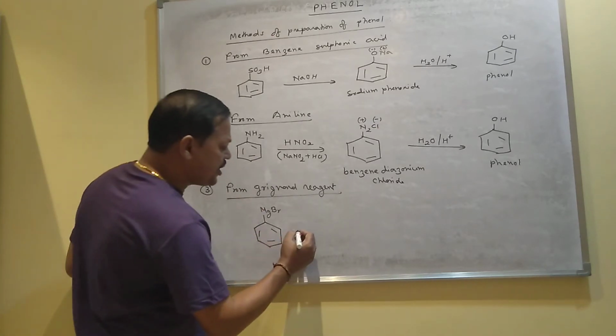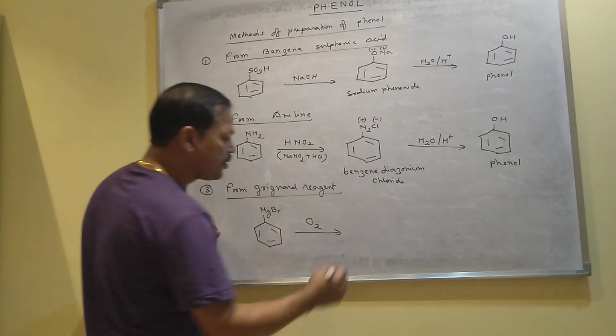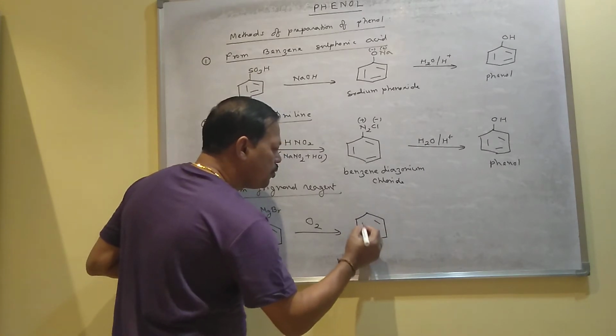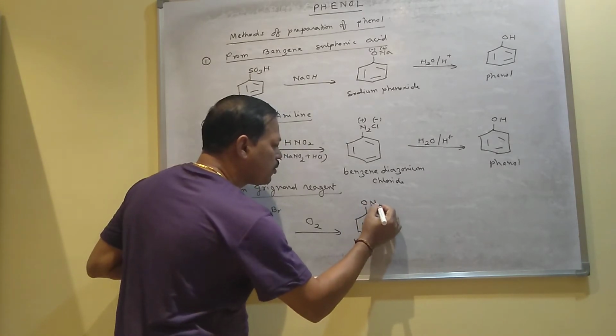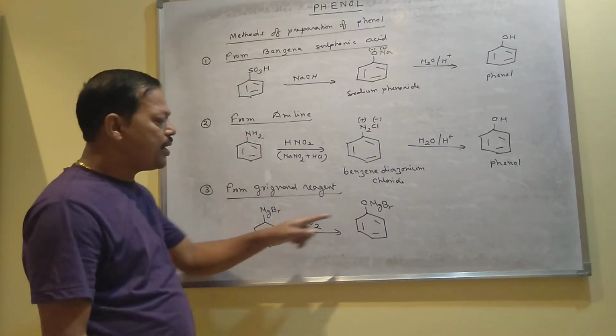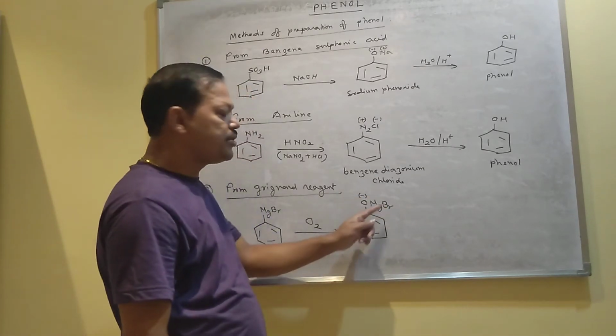When this Grignard reagent reacts with oxygen, it produces a salt called phenoxy magnesium bromide. When benzene contains O minus, it is called phenoxide ion, MgBr plus.